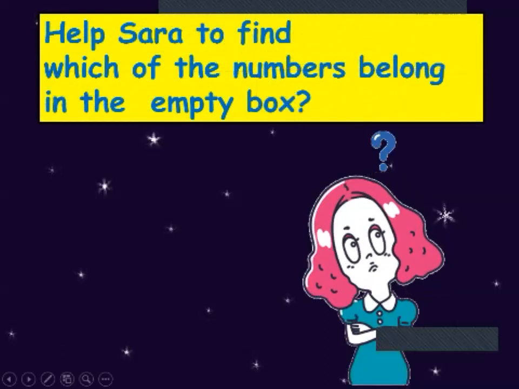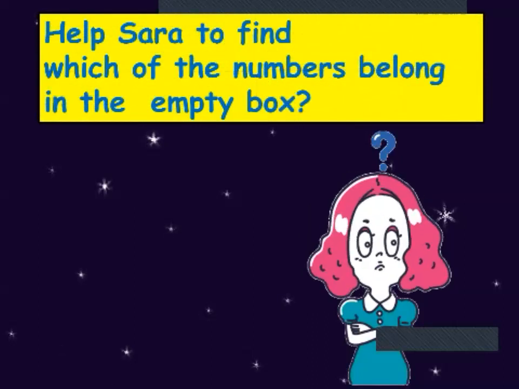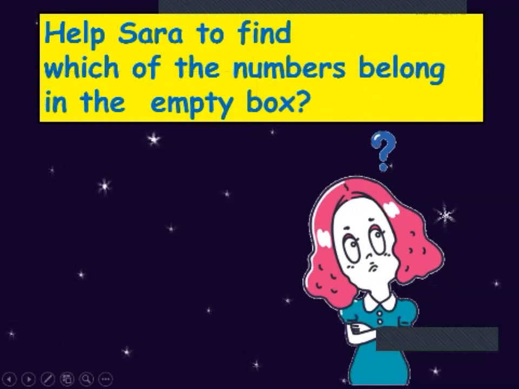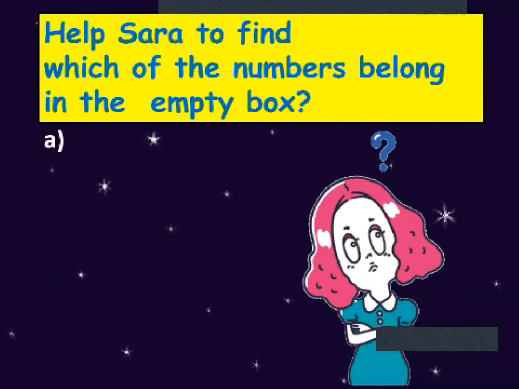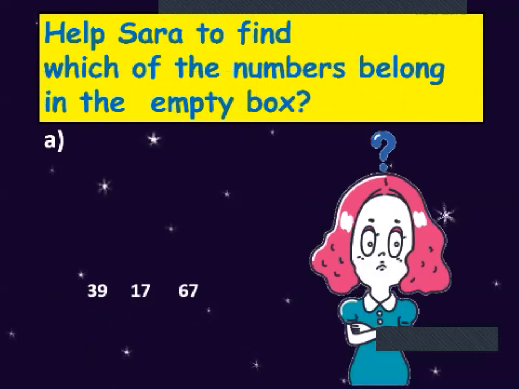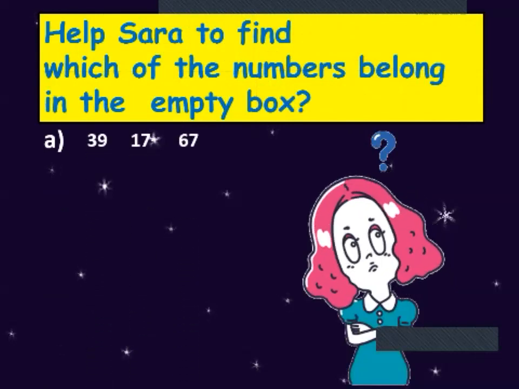Now, help Sarah to find which of the numbers belong in the empty box. I'll give you here three numbers. It's 39, 17, 67. Okay, and here the number is 60 and you have to write the number in the empty box.